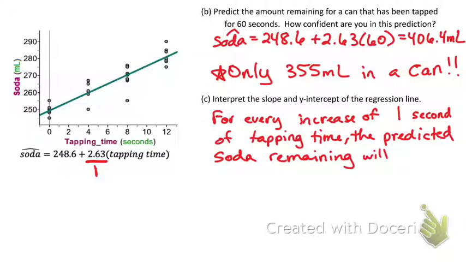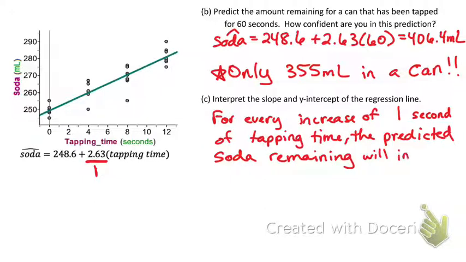will what? Is my amount of soda remaining going to increase or decrease? How do you know it's going to increase? You're right. It's a positive correlation. The slope is positive. We have a positive graph. We have a positive correlation. All the things are positive.